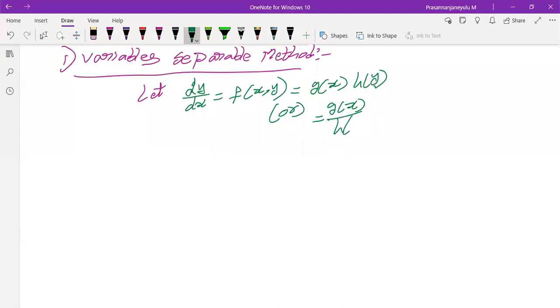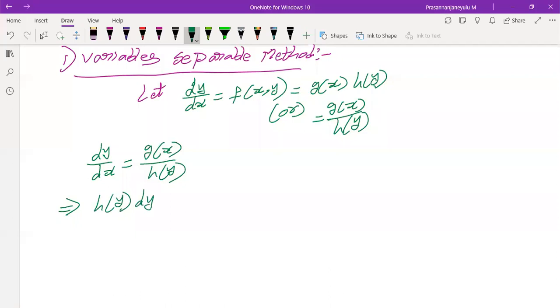I am assuming that the given equation can be written like this: dy by dx equals g of x by h of y. Now, using the variables separation method, can I do the cross product? So we get h of y into dy equals g of x into dx.